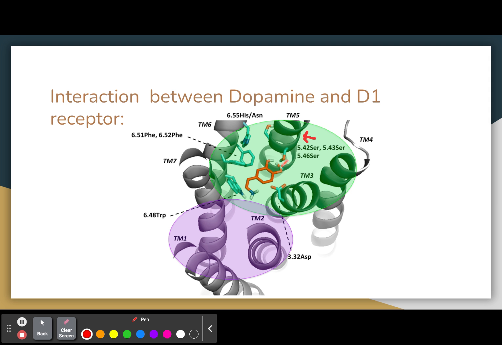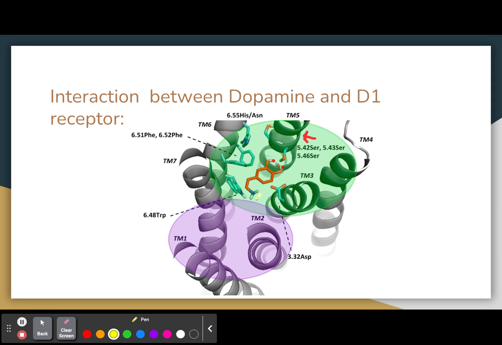And so both the OH groups that are closest to the TM5 receptor, like these right here, have a very strong positive charge because the oxygen needs hydrogen's electron. So when the OH reacts with the D1 receptor, the shape of the D1 receptor changes slightly.